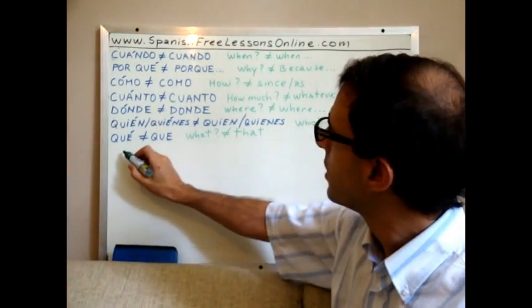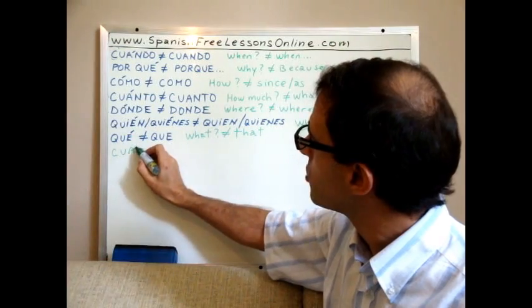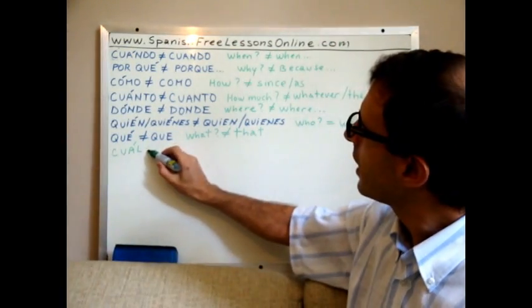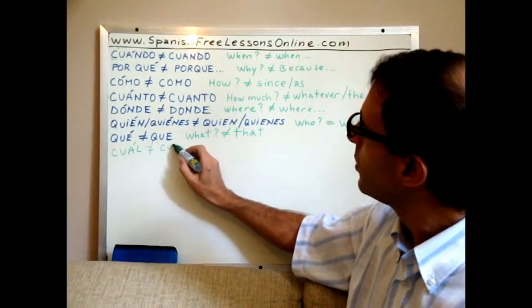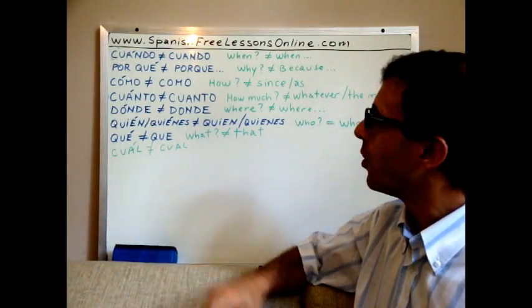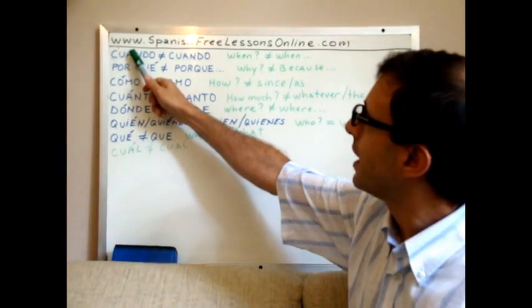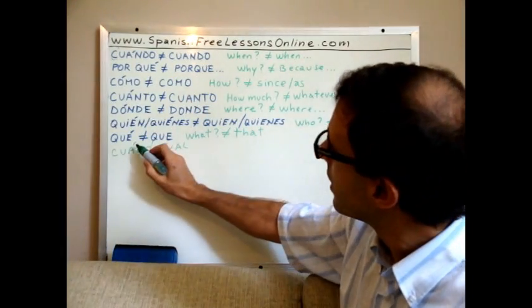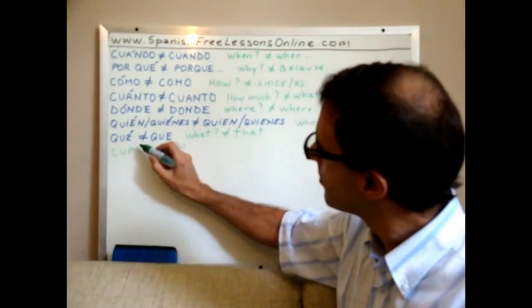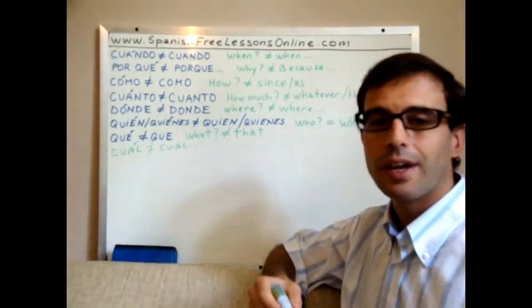I missed actually cuál, which means which, right? And what I want to show you here is that these question words always have this little line here, right? That we call tilde in Spanish. Yes? This is a tilde.